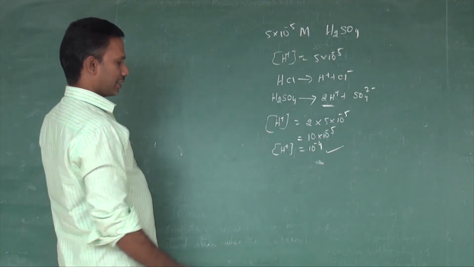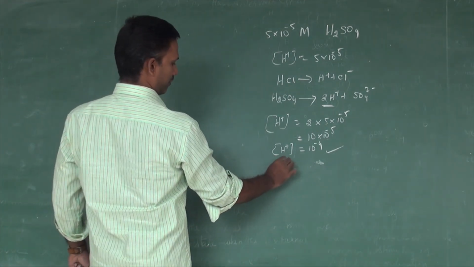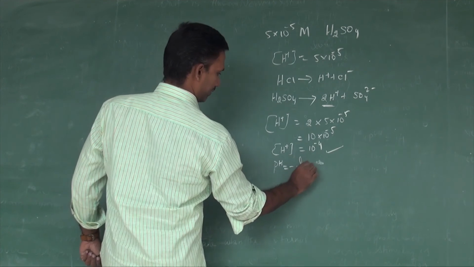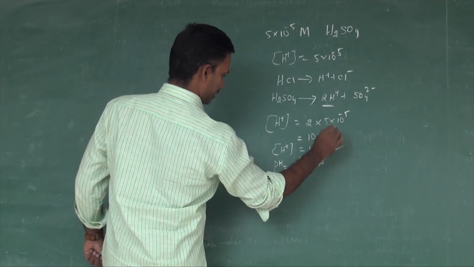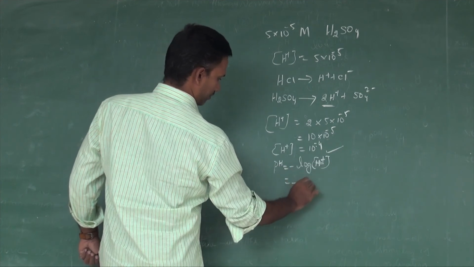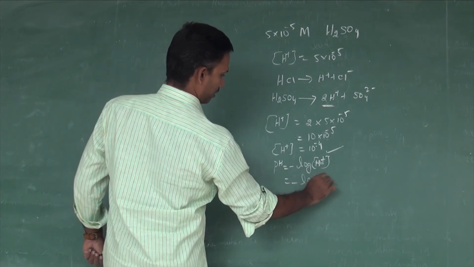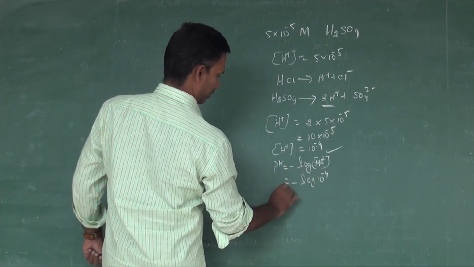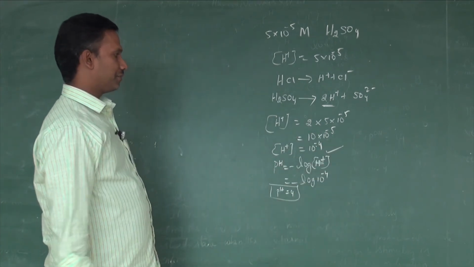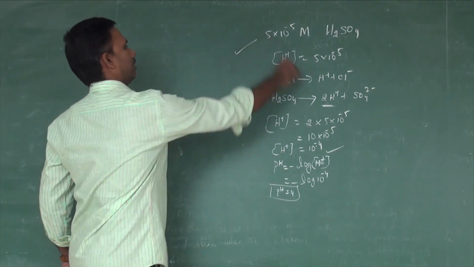After finding the H plus ion concentration, it is very easy: apply the formula pH equal to minus log of H plus ion concentration. Here H plus ion concentration equals 10 power minus 4, so pH equal to 4. This is another model.